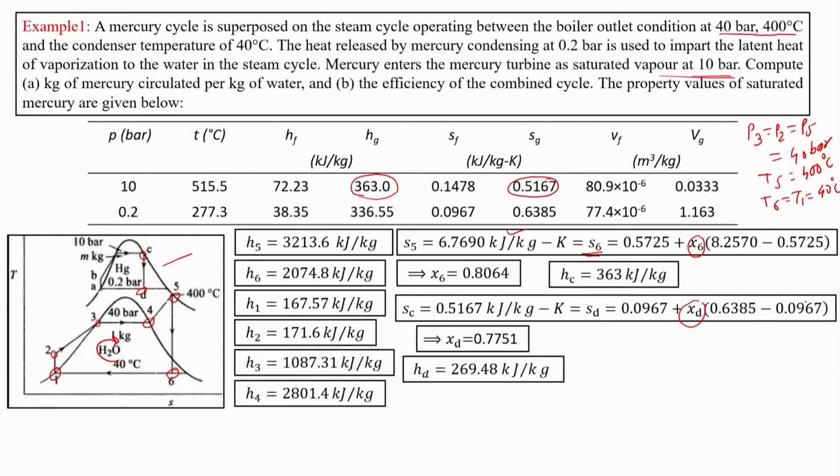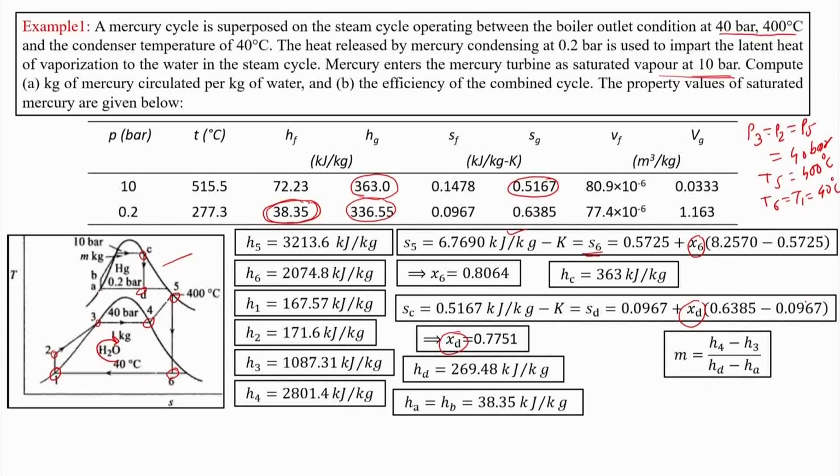So HD can be found out as HF plus XD into HFG, where HFG is Hg minus HF. So this is our HD. Then we know HA is equal to HB since we can neglect pump work.